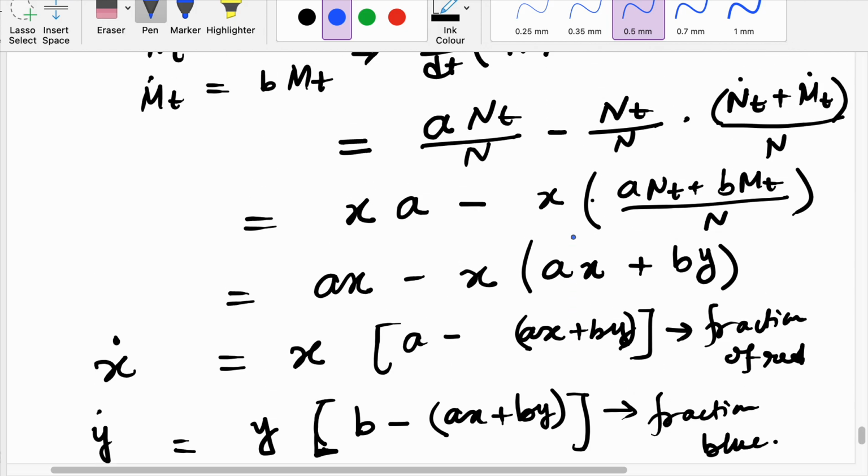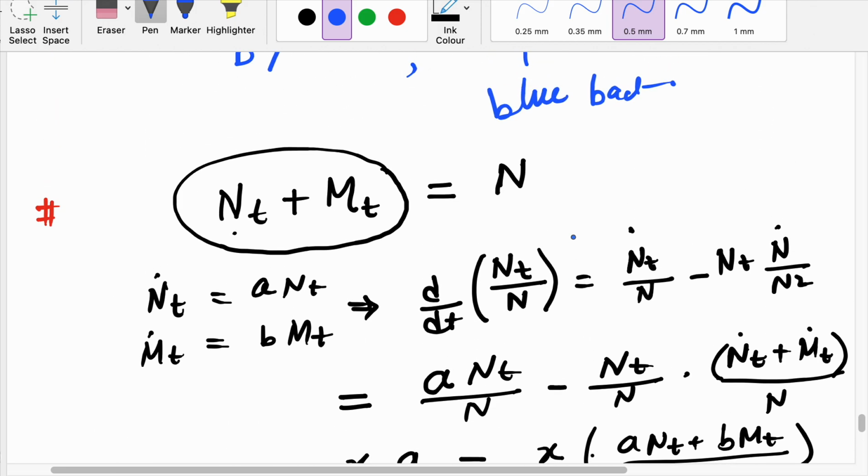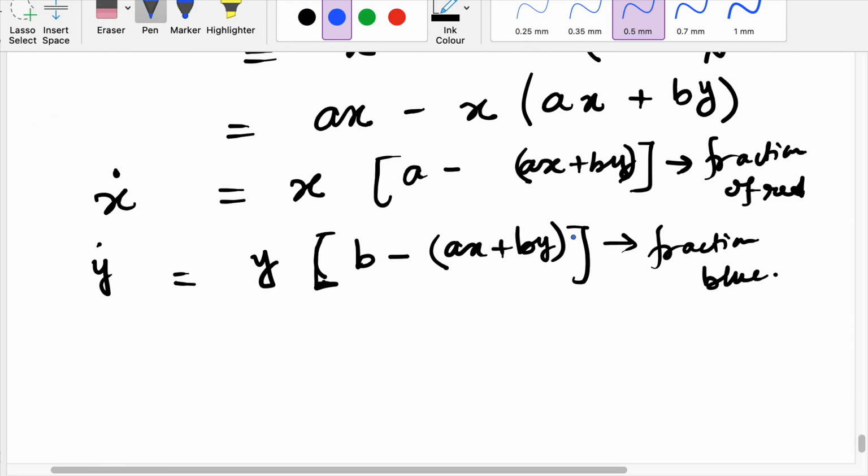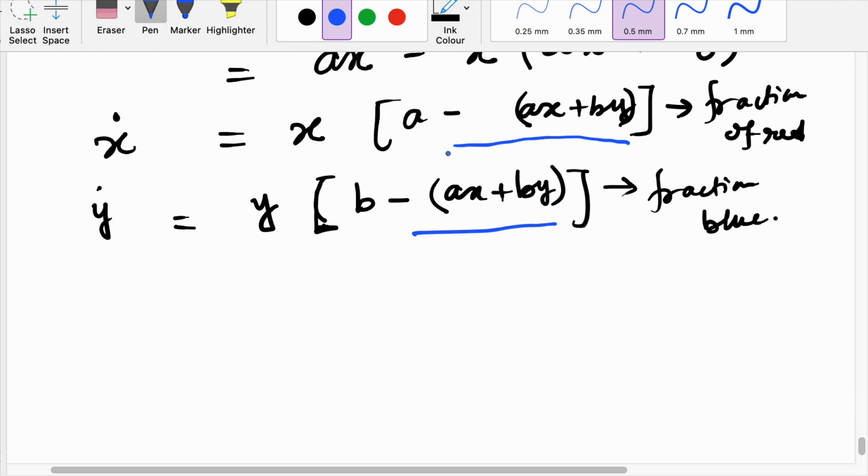Because of this constraint. They cannot reproduce infinitely, because I am giving them a fixed amount of resource. That has been captured by these negative terms here, and x is the frequency.